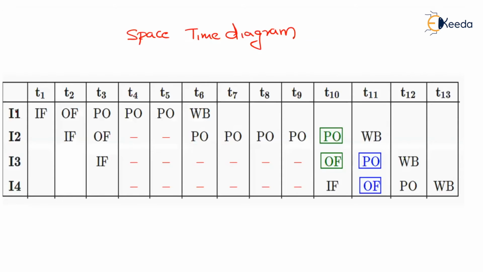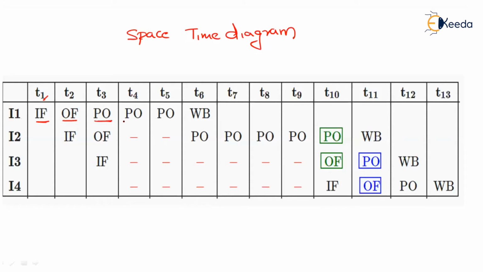Now, I1 is a multiplication instruction. Of course, it enters the pipeline in the very first clock cycle, in the instruction fetch stage. In the second clock cycle, it enters the operand fetch stage. In the third clock cycle, it enters the perform the operation stage.